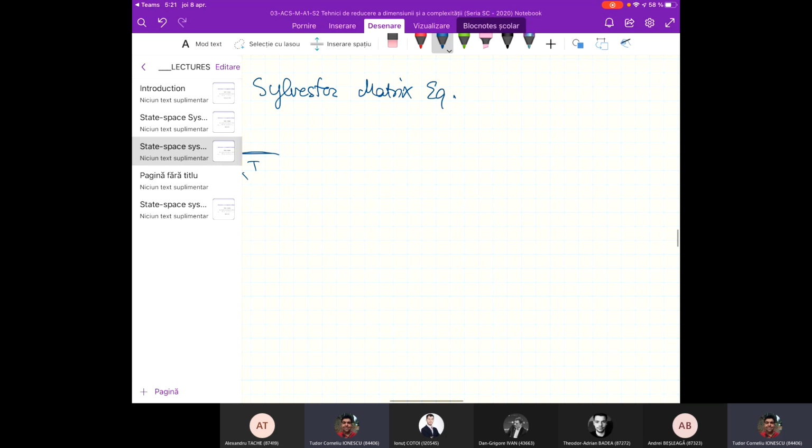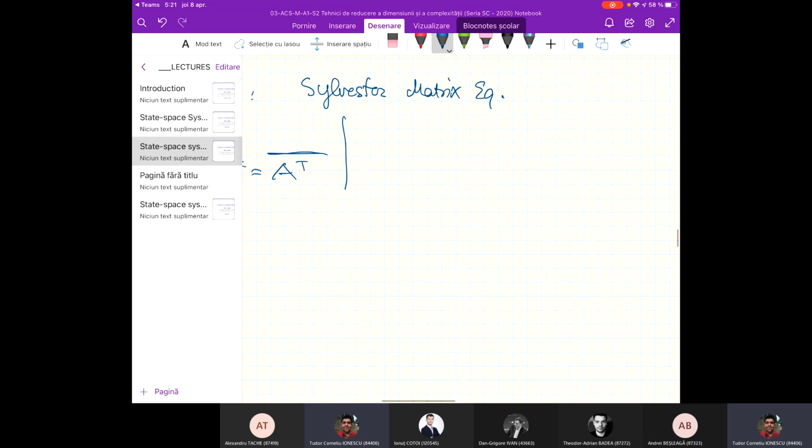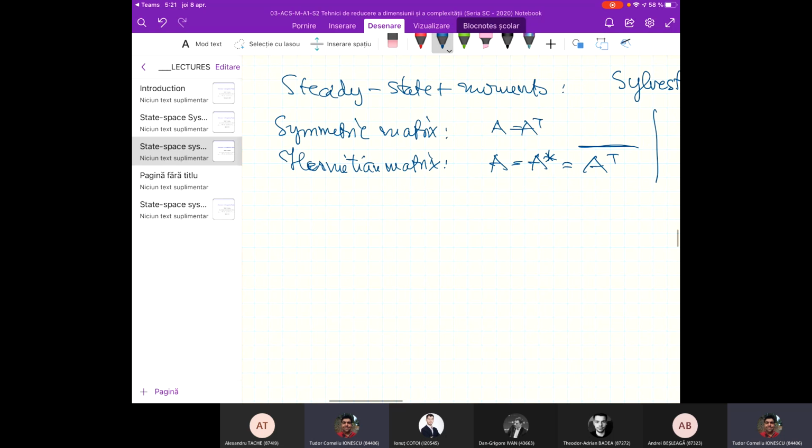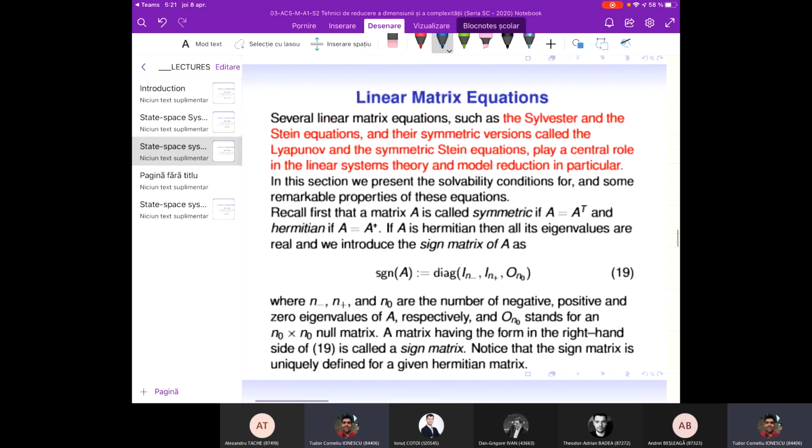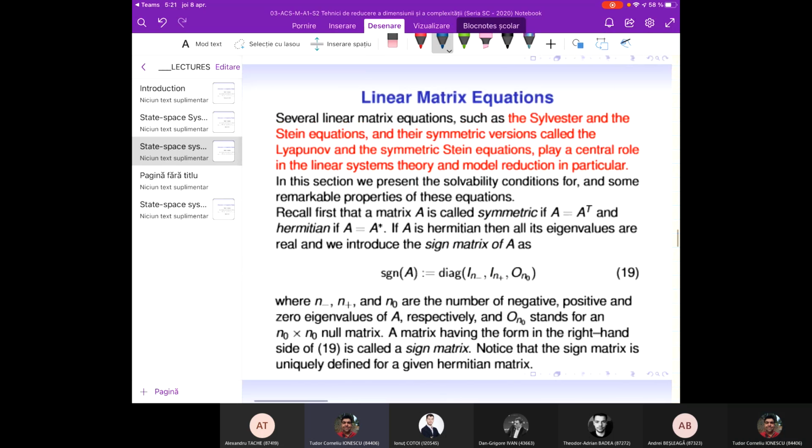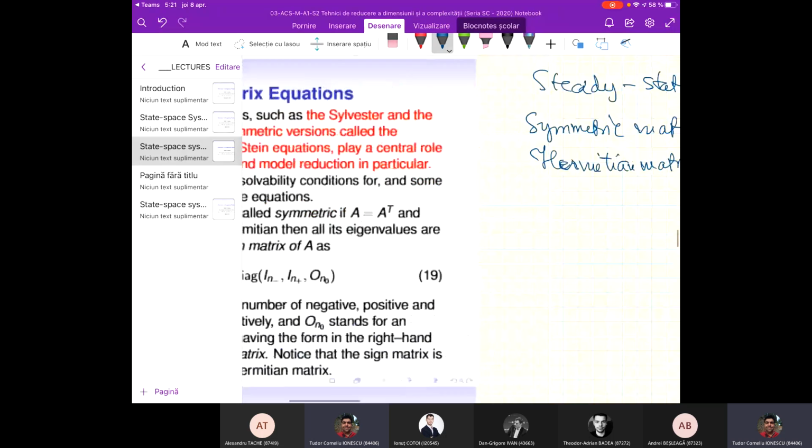Now, any of these matrices implies, it's not equivalent, implies that their spectrum is real. So the spectrum of a symmetric matrix is real.